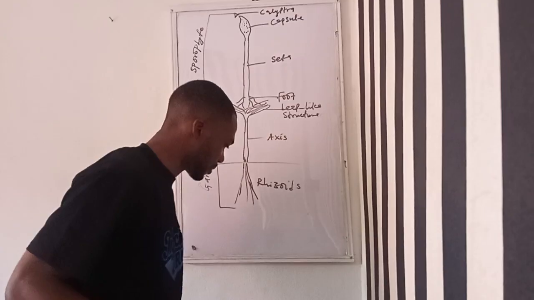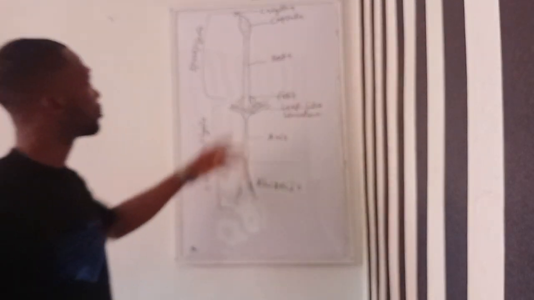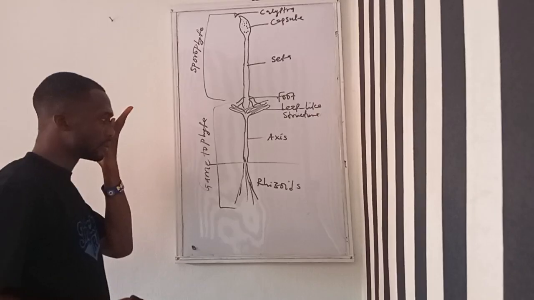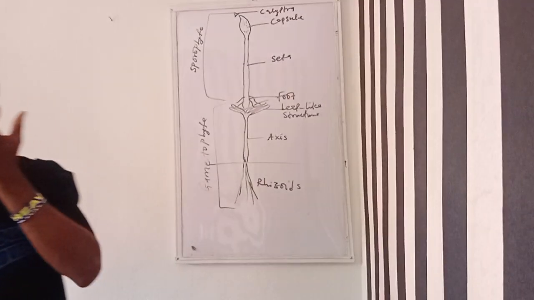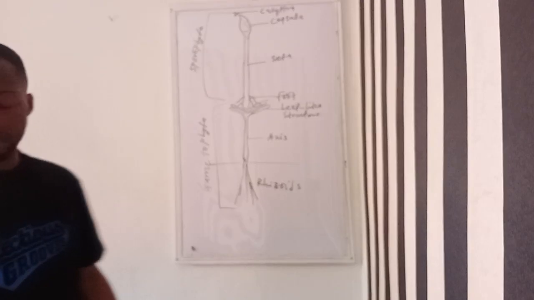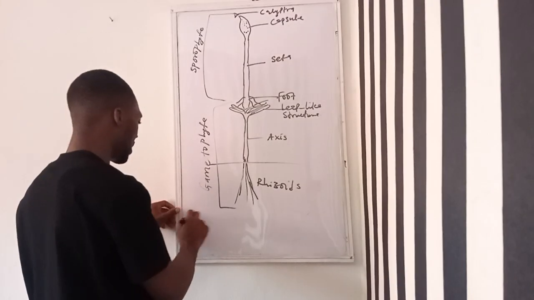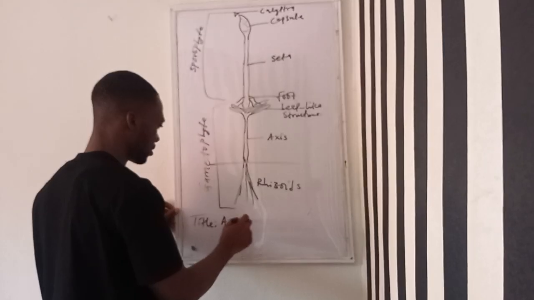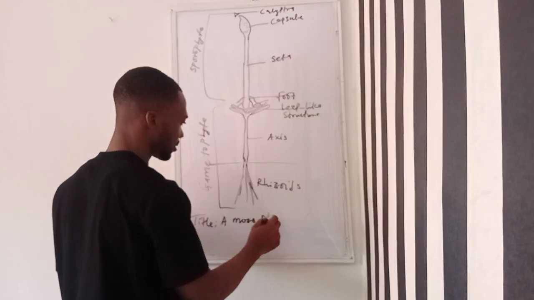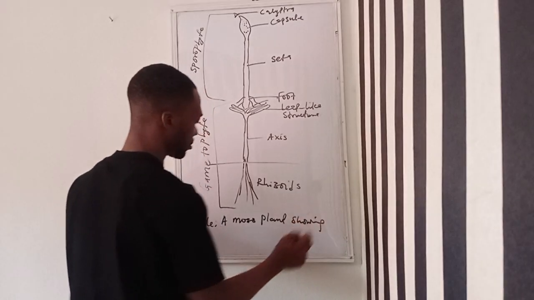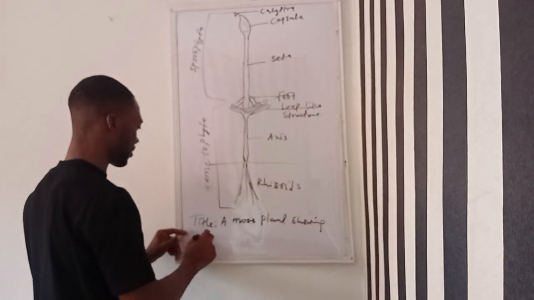Okay, so you can also see what I was explaining before here. What's the title? A moss plant showing sporophytes growing on the gametophyte.